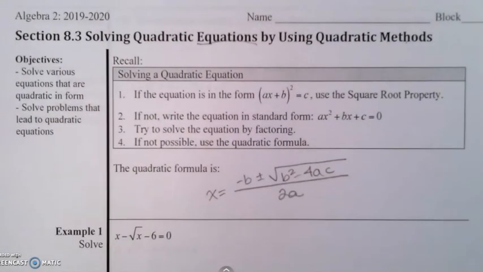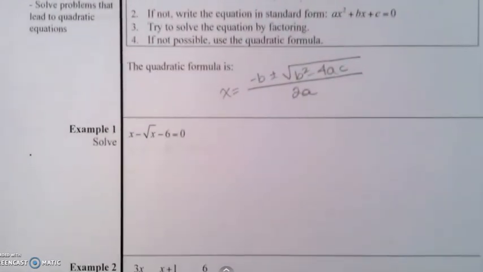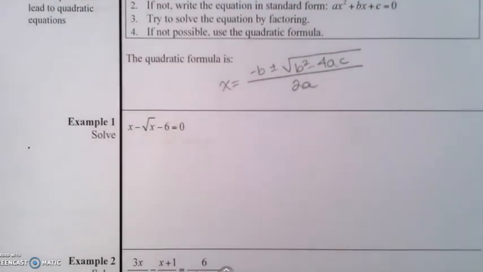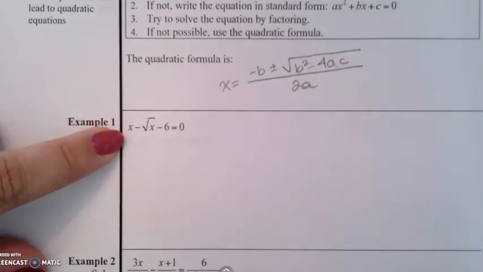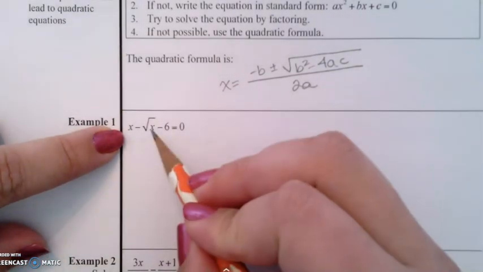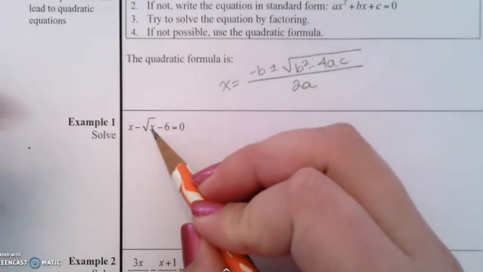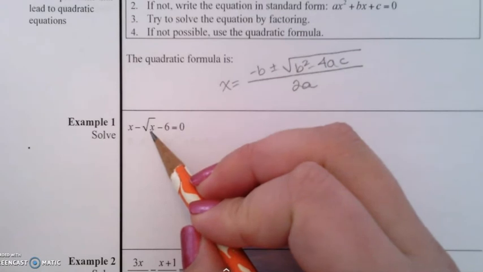So when we're looking at example 1, now this equation does not look to be quadratic. So that's what we mean by using quadratic methods, is I need to somehow turn this equation into a quadratic equation, which means somehow this needs to turn into a squared. So what we're going to do is we're going to use substitution. I could isolate the radical, use the power rule that we looked at in the last chapter.